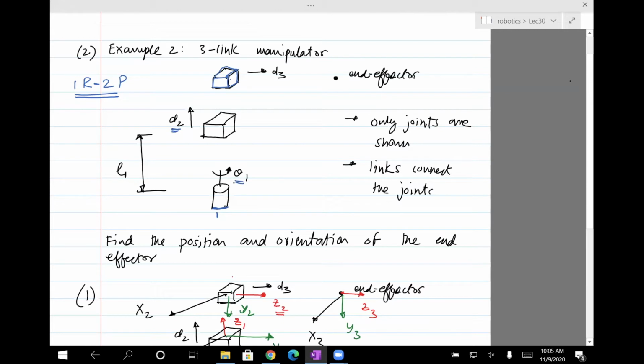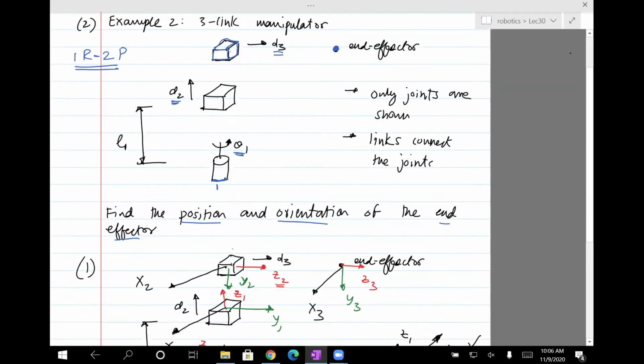The motors can control theta1, d2, and d3. The only length which is given is L1, and the end effector is somewhere here. You have to find the position and orientation of the end effector for a generic theta1, d2, and d3. Those are the things you control, right? And you want to find where the end effector is in order to do things like inverse kinematics.